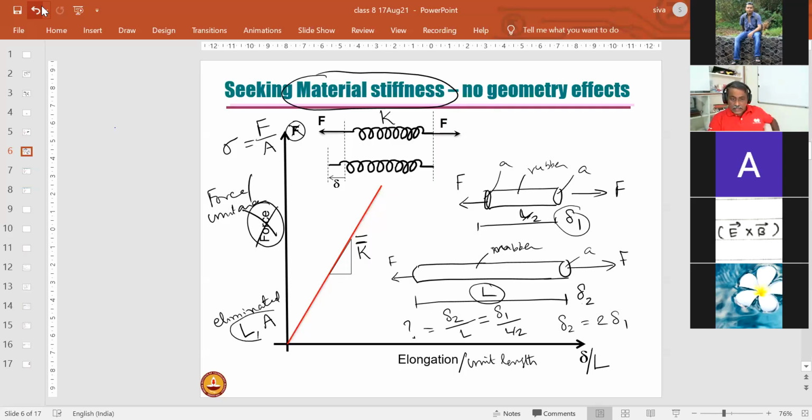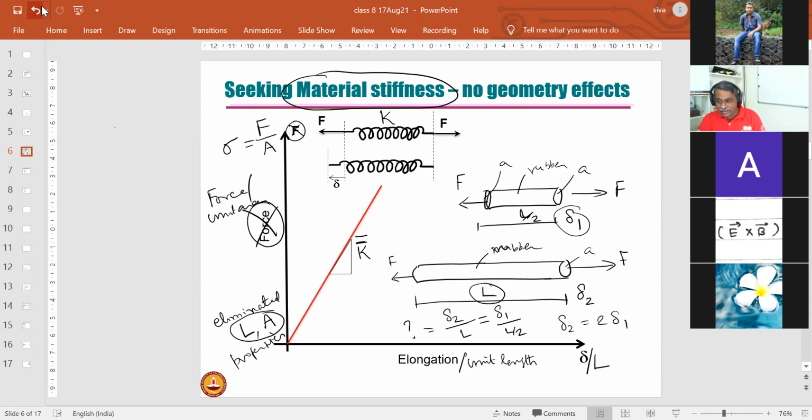What are these? What are these properties? If I have to call them, what kind of properties are these? The length and the area. Physical.